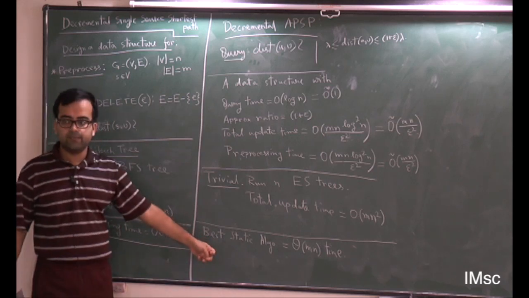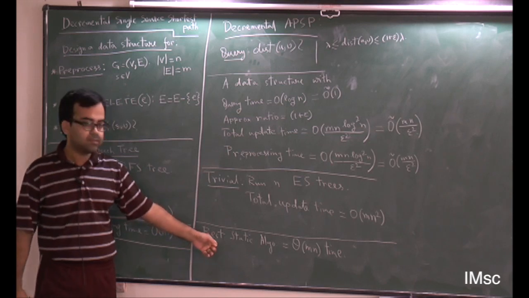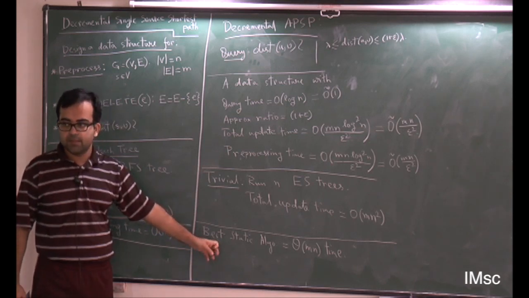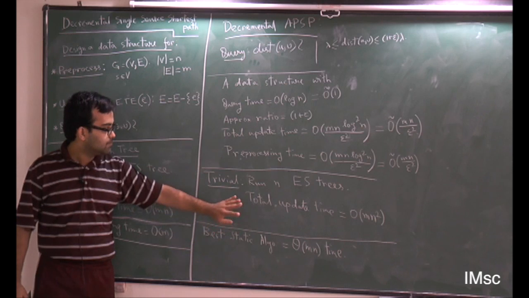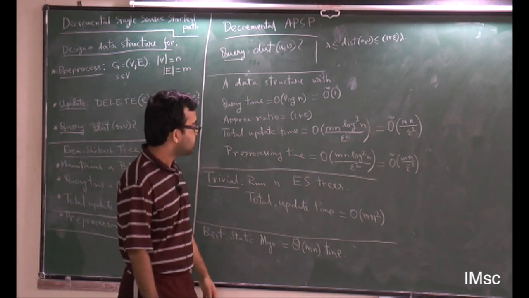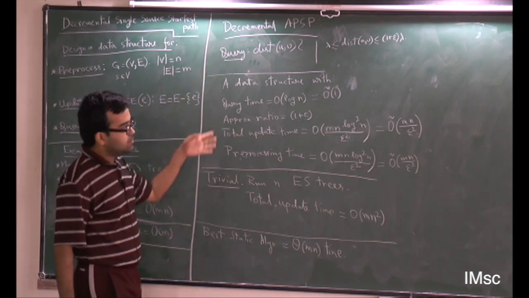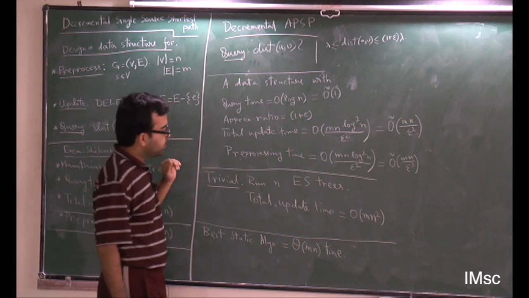If you are using fast matrix multiplication and some algebraic techniques, you can get something slightly better, but the best known combinatorial algorithm takes this much time. Okay. And this algorithm itself will also be combinatorial.